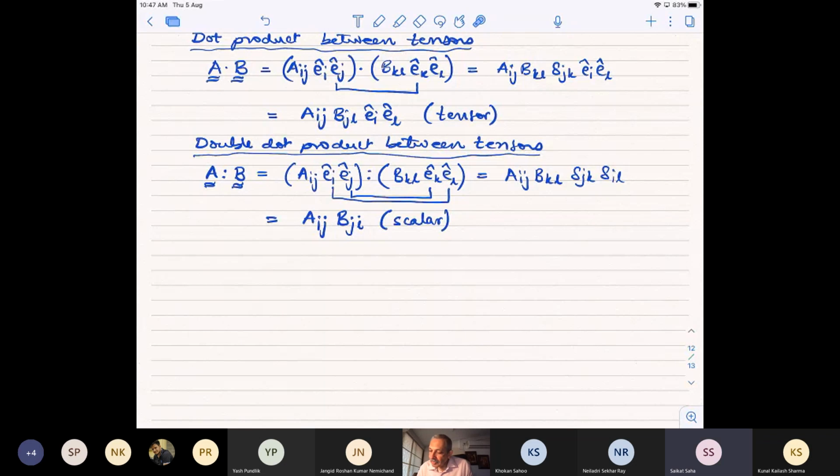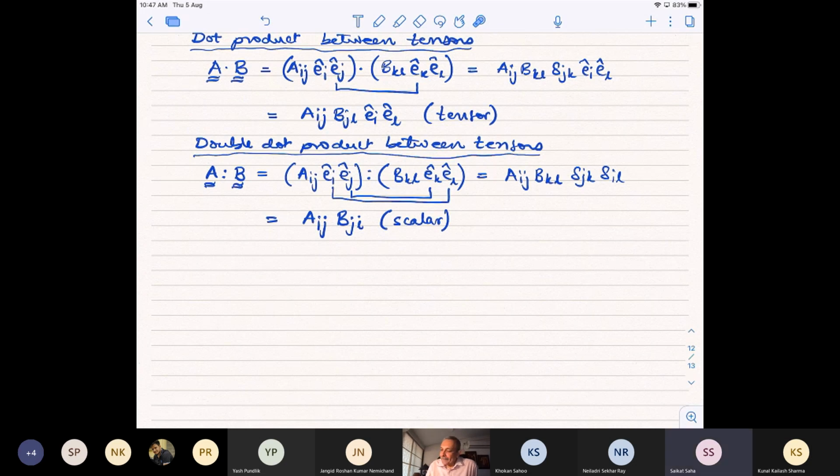So this is what I mean, that let's say this is the dot product. I've written down the tensor A and the tensor B over here. So when I take the dot product, this unit vector is closest to the dot and this unit vector is closest to this dot. That's why I'm taking the dot product between these two and not between I and L. Is that clear?